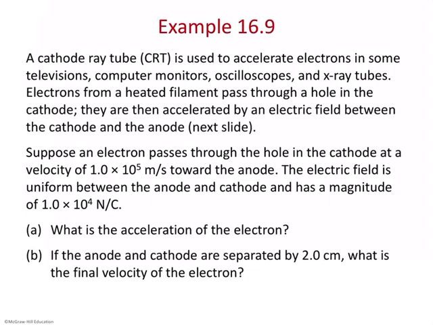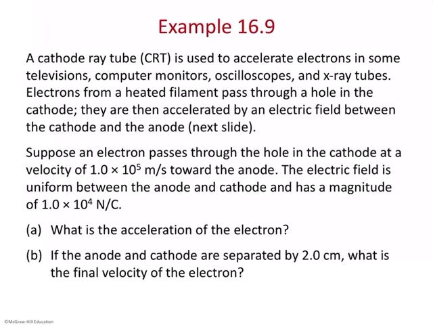The electrons pass through a hole in a cathode, and they are then accelerated by an electric field between the cathode and the anode. So this is how electricity is working, right? You create this field, and then these electrons are zipping through, causing electricity to go through these wires and all kinds of different situations.